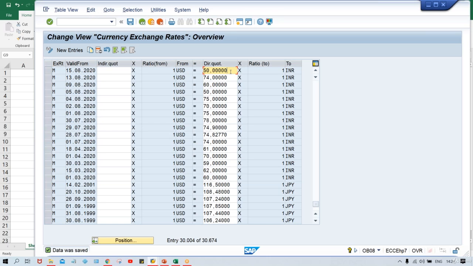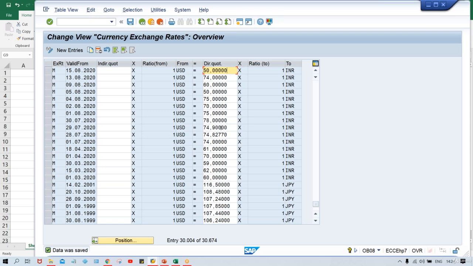So in that case, if I say 1 euro equals, let's suppose, 60 Indian currency, we are easily able to understand, right? 1 USD equals 50 Indian currency, easily we are able to understand, right? So whenever our local currency value is smaller than the foreign currency, in that case, generally we maintain the rate under direct quotations.